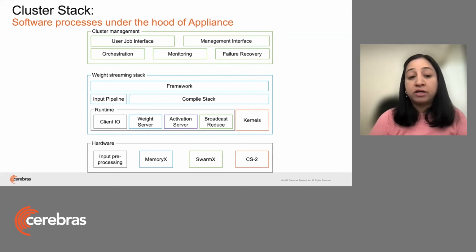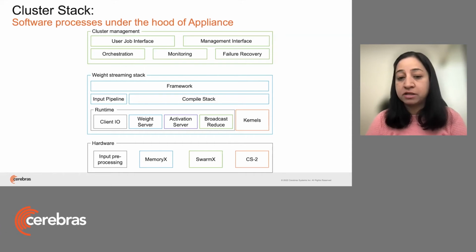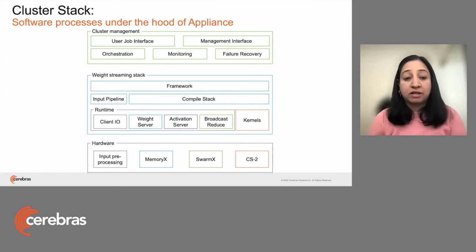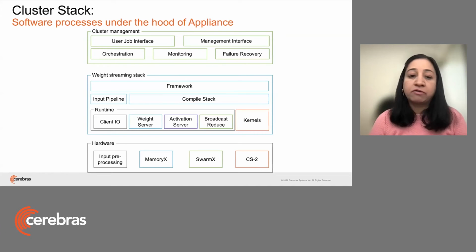And what that uses in runtime is our handwritten high-performance kernels, along with any client I/O software or the weight server, activation server, and so on. So all that comprises the weight streaming software stack.